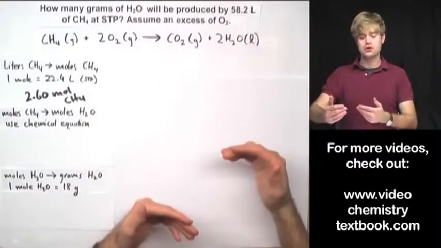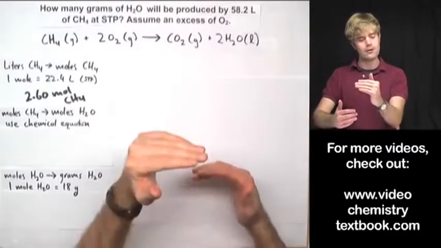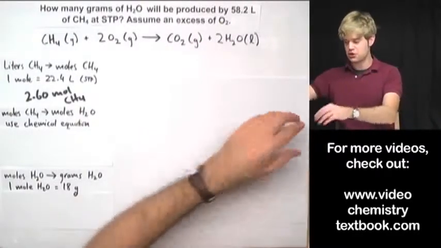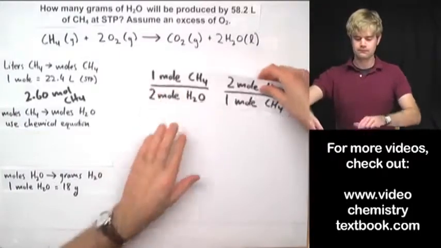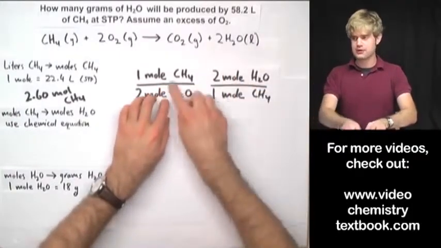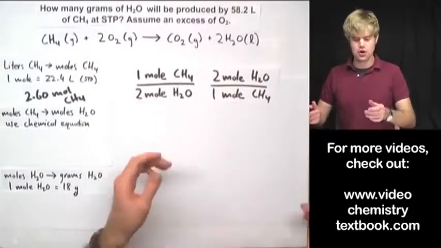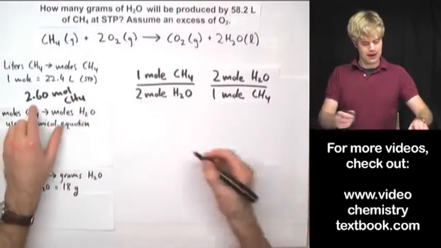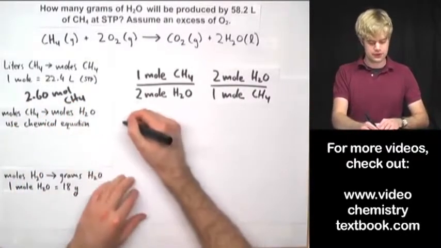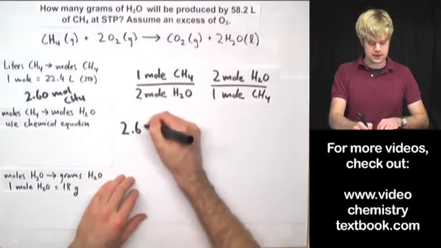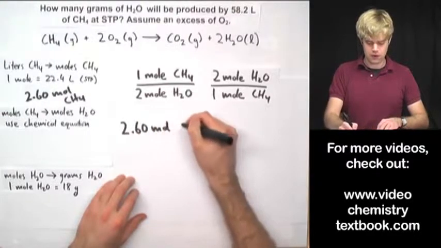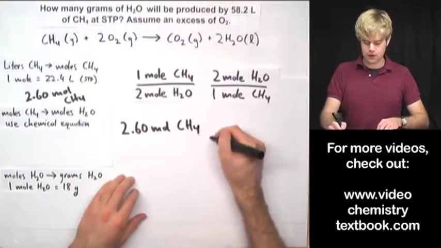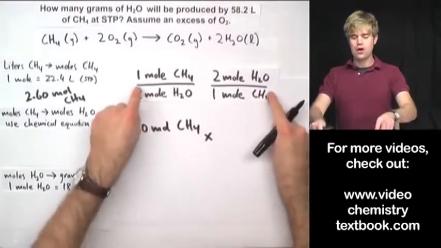I want to make a conversion factor of that, where I show 1 mole of CH4 gives me 2 moles of H2O. Here are the 2 possible conversion factors that I can use. Which one do I want to use? Well, I have to start with my moles of CH4, 2.60 moles of CH4 times which one of these?